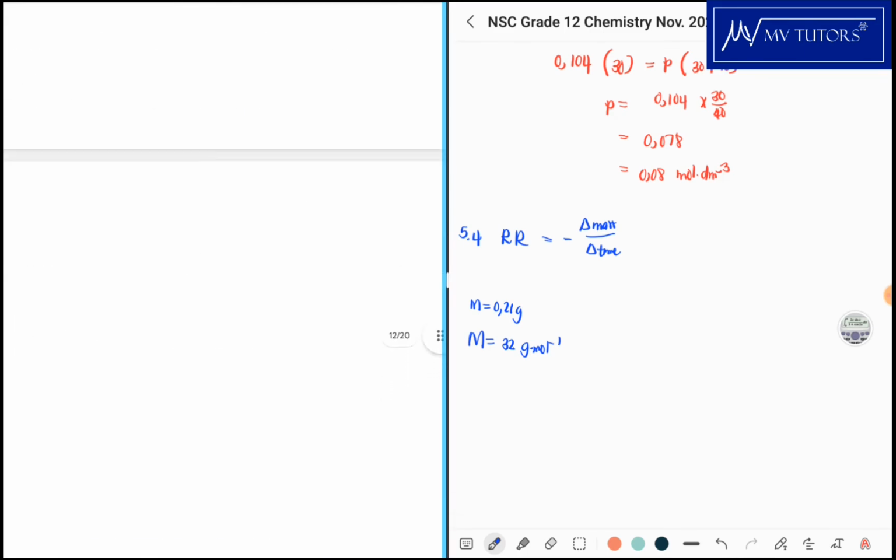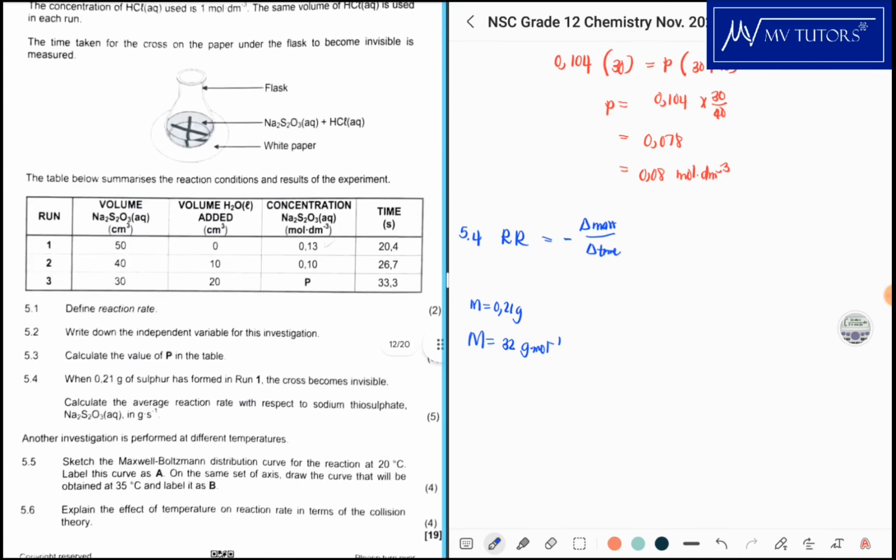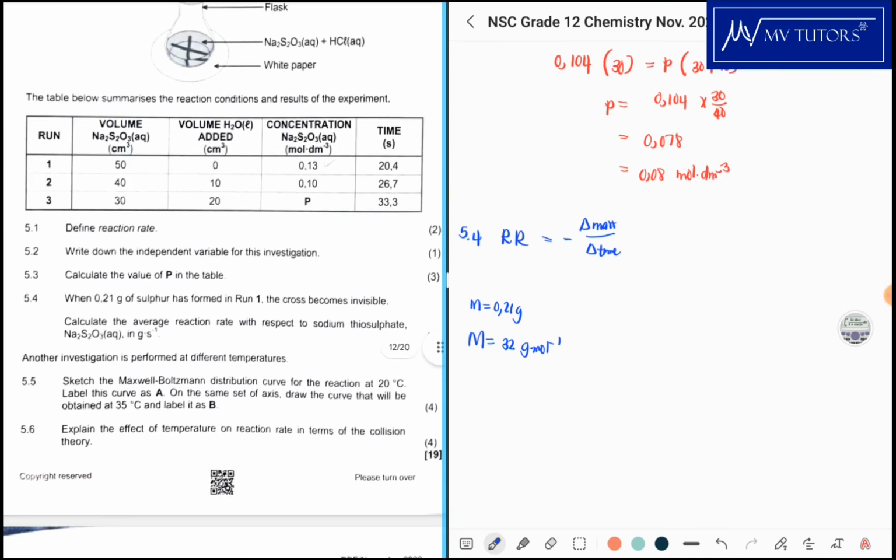So we can then get the number of moles for sulfur. The number of moles is equal to your mass over your molar mass. Your mass is 0.21 grams and your molar mass is 32.